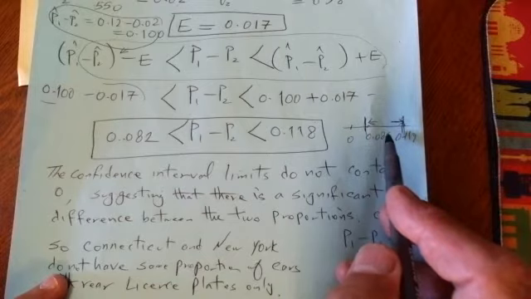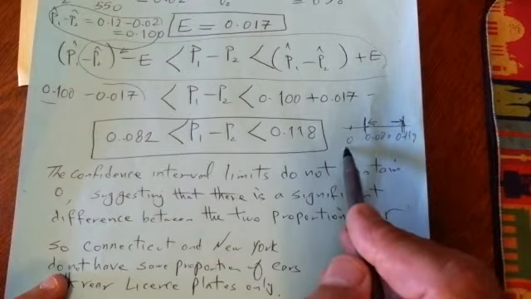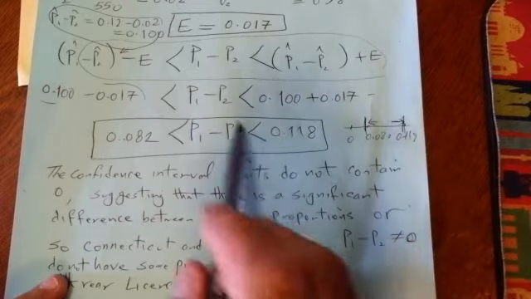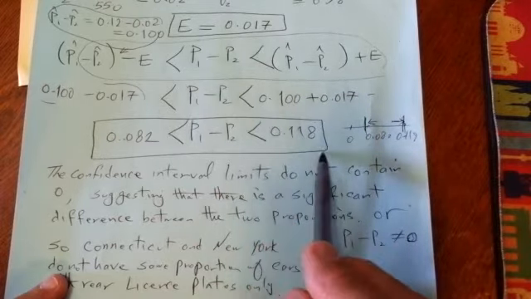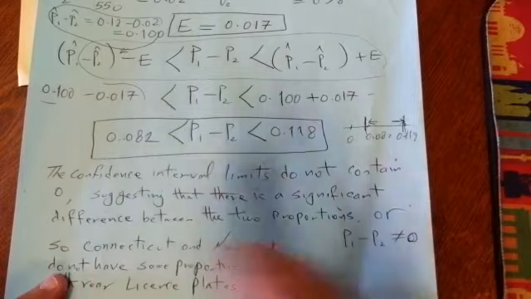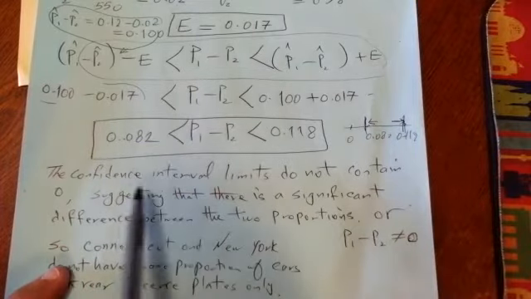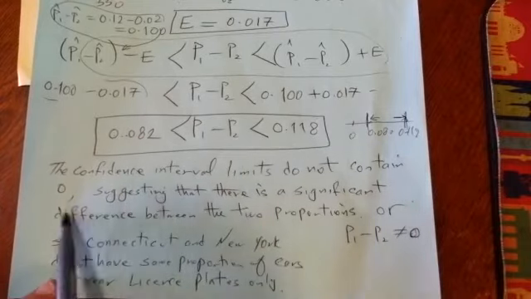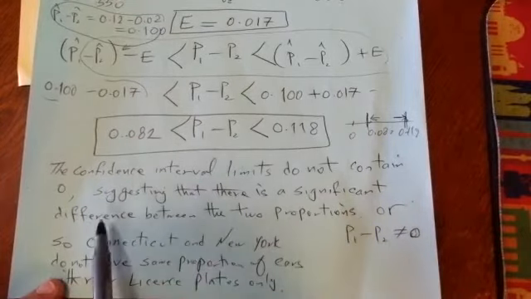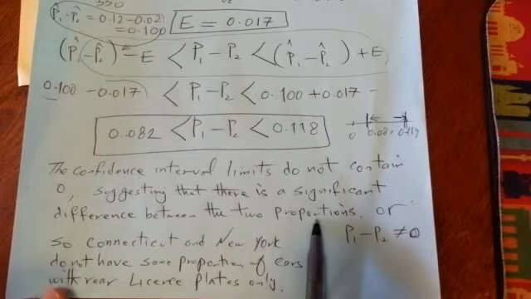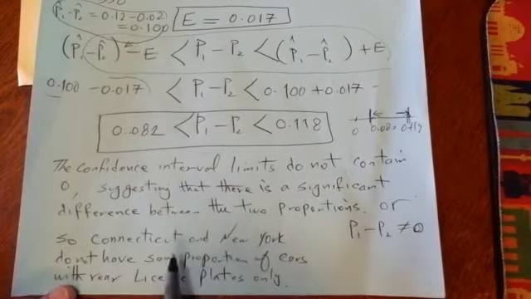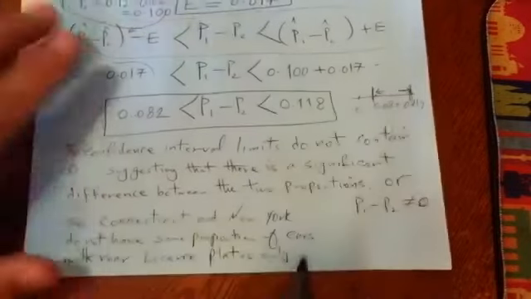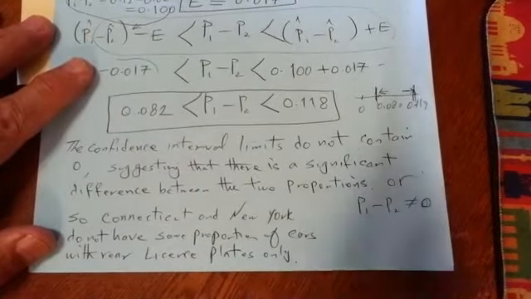P1 minus P2 is between 0.082 and 0.118. So the confidence interval limits do not contain 0, suggesting that there is a significant difference between the two proportions, or Connecticut and New York do not have the same proportion of the cars with the real license plates, okay?